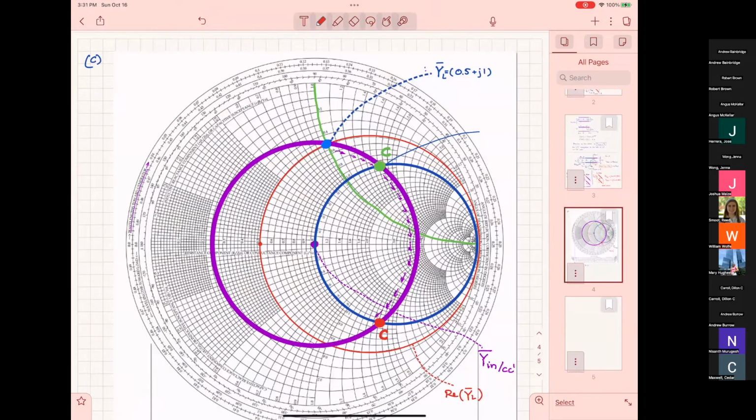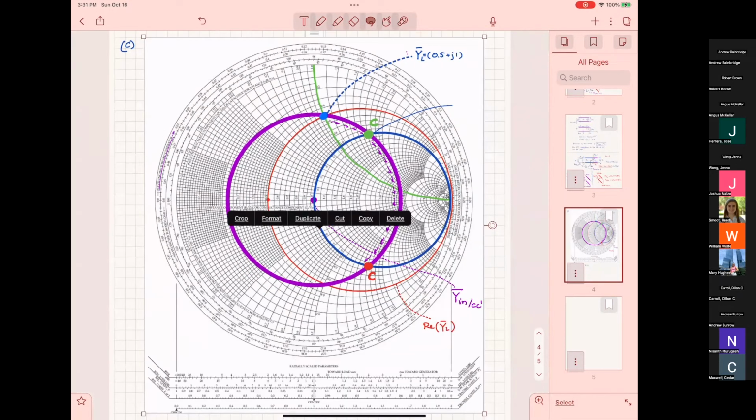Point C. L sub S, you remember what we said? To go from the blue point here to C, to the green point, is one distance. And L sub S specifies that the impedance at that point C has nothing to do with the stub yet.